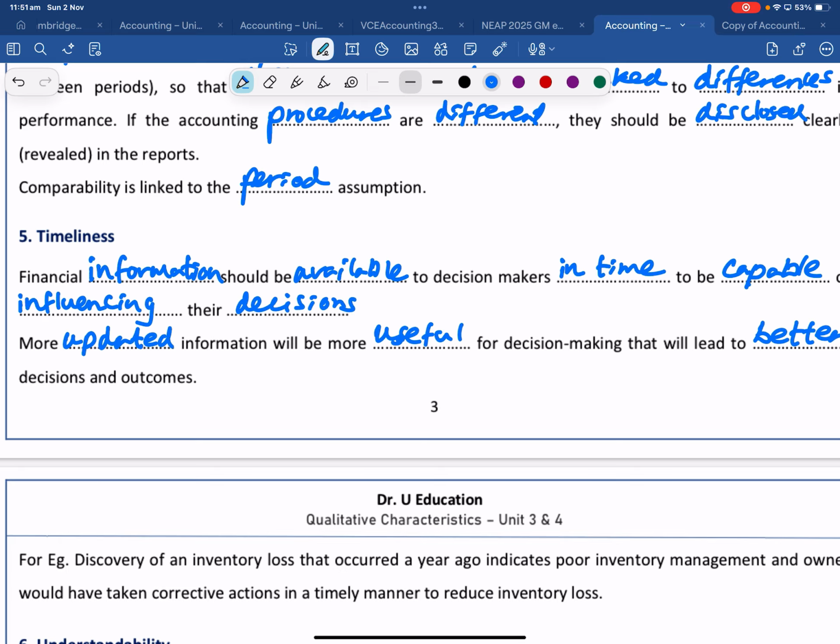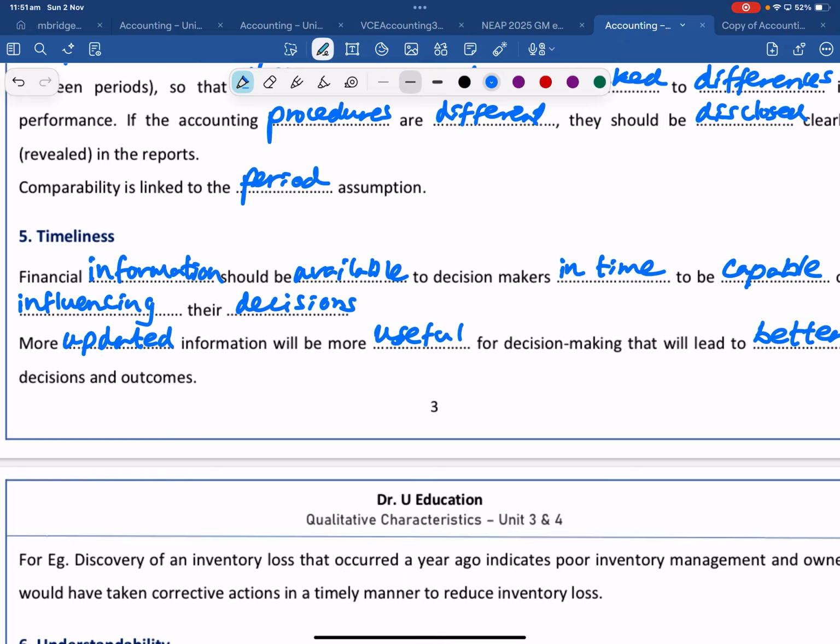What is the difference between in time and on time? In time is before the deadline. On time is just at the time, on that day. Financial information should be available to decision makers in time, so that it is capable of influencing their decisions.